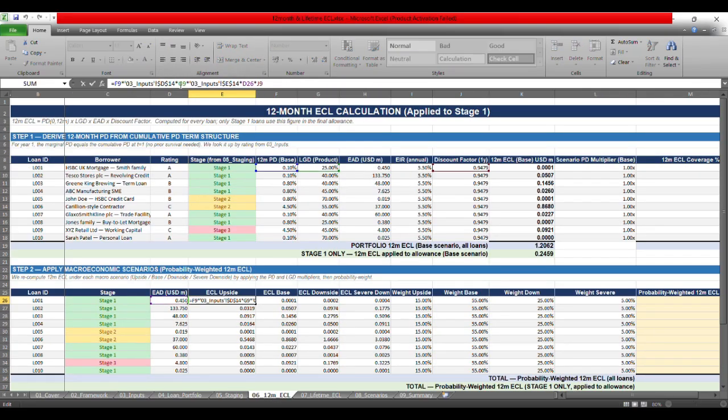Then G9 is my LGD, and E14 is my LGD multiplier from that particular sheet. Then D26 is my EAD, and J9 is my discounting factor. You multiply all together and you will get the ECL upside for the first loan.